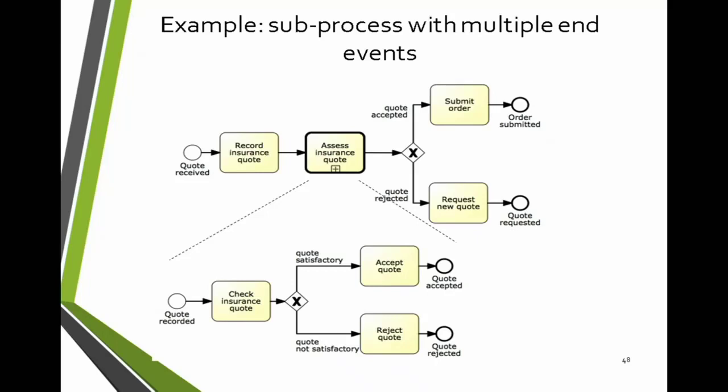So one of the options, and it's an often used option, is to make use of this XOR split after the sub-process, okay? So that's one additional syntactical guideline for modeling sub-processes, but this is something I will come back to next week. Be assured. That's something that I will take up with you again.